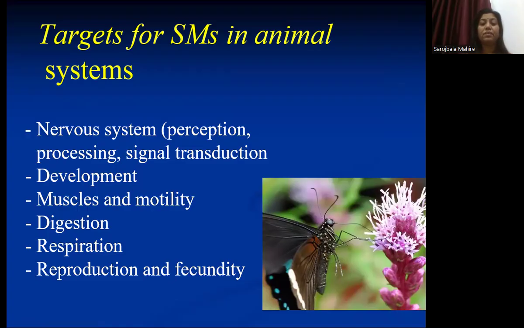In this, perception, processing, and signal transduction will be damaged, and development, muscle, or mobility can be affected. Again, digestion, respiration, and reproduction can be affected by the secondary metabolites.